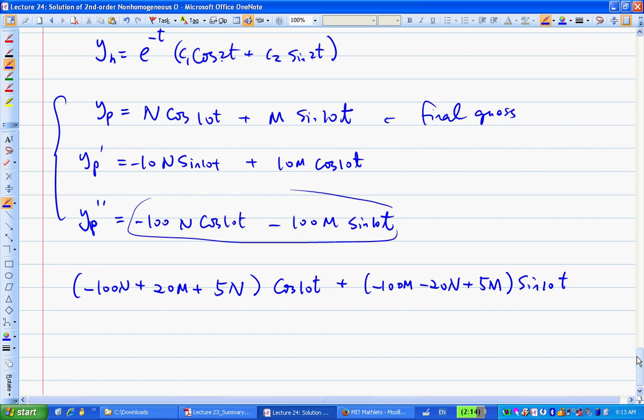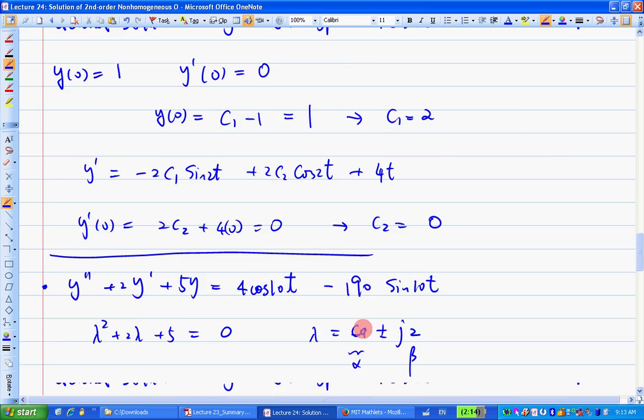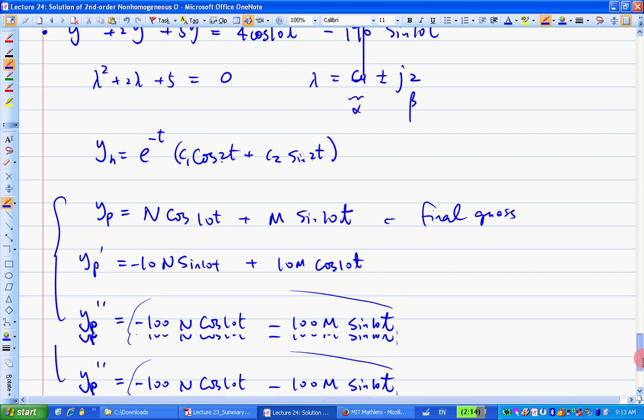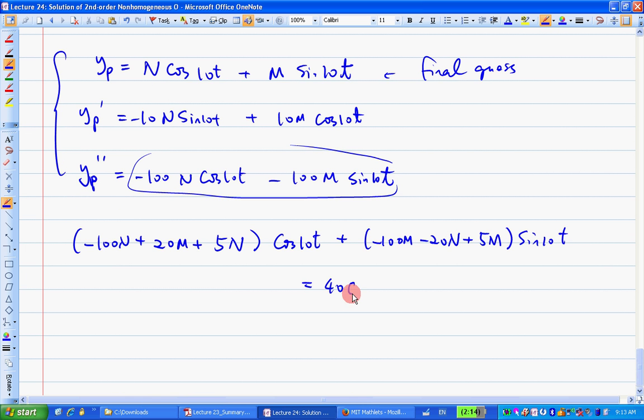So that's the left side, and it's equal to the right side, which is 40 cos 10t minus 190 sine 10t, right?